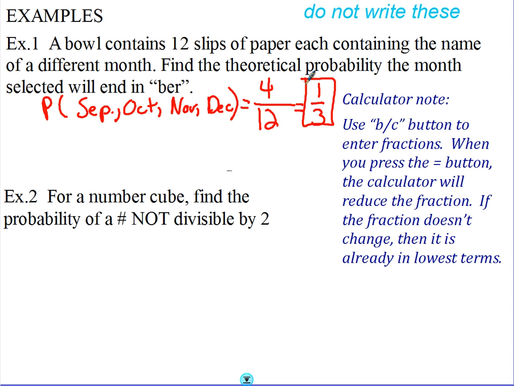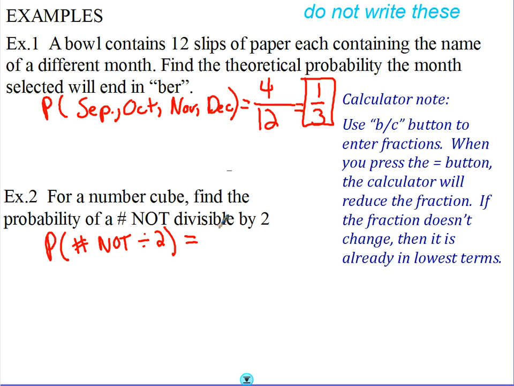Example number 2. For a number cube, find the probability of a number not being divisible by 2. So probability, P, parentheses, number not divisible by 2. Okay? Numbers not divisible by 2 on a dice are 1, 3, and 5.